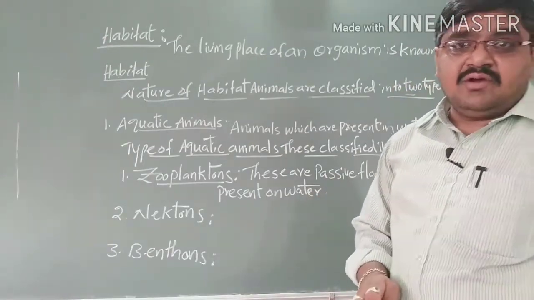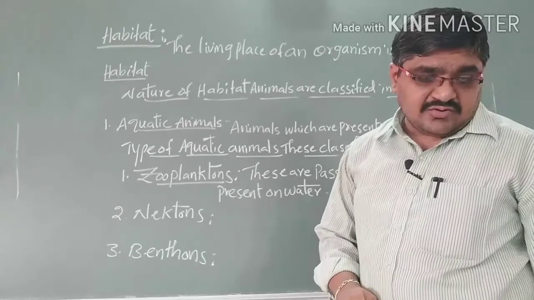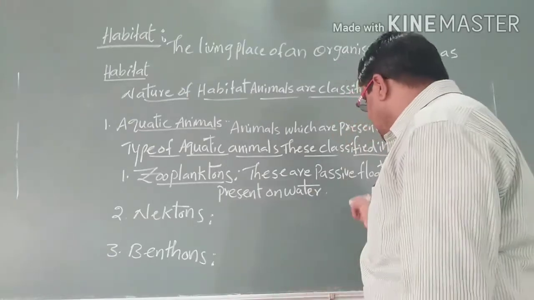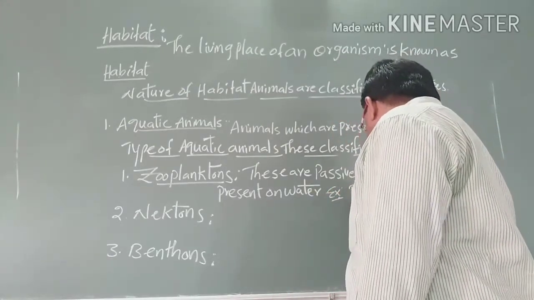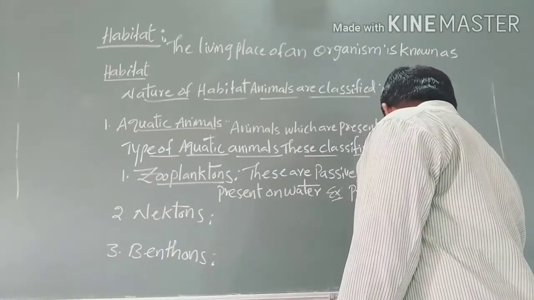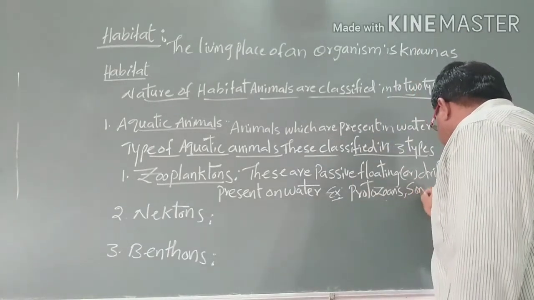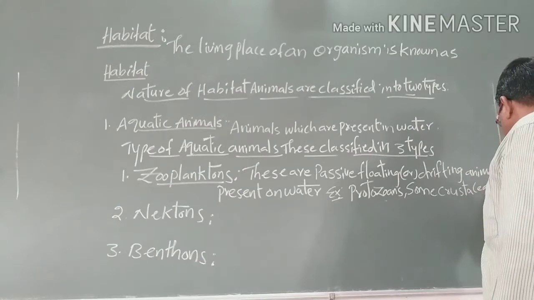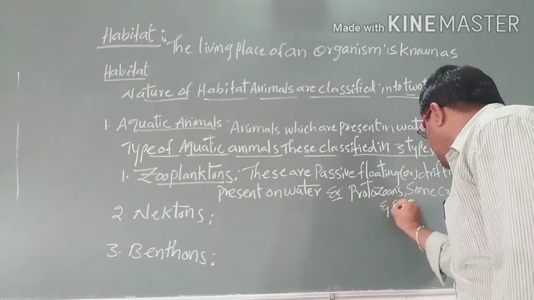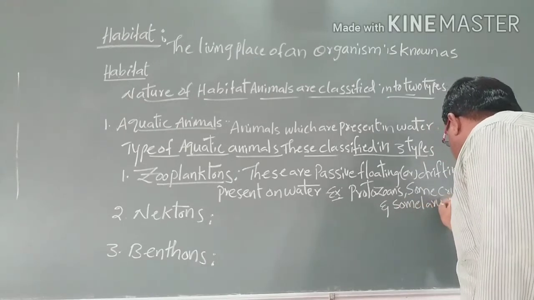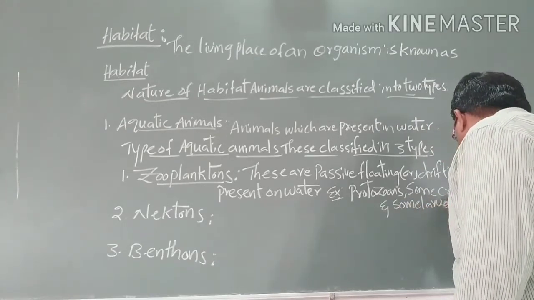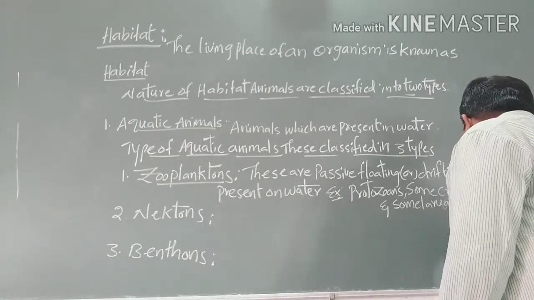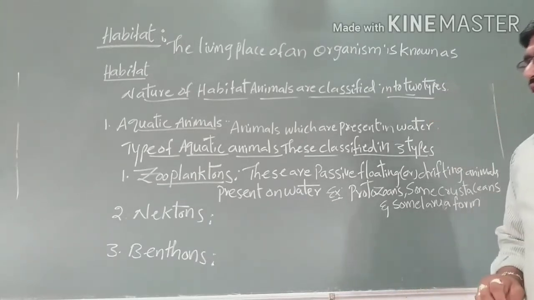Examples we can take are many protozoans, protistans, small crustaceans, and invertebrate larvae. Examples are protozoans, some crustaceans, and also some larval forms. So these we can call zooplanktons.